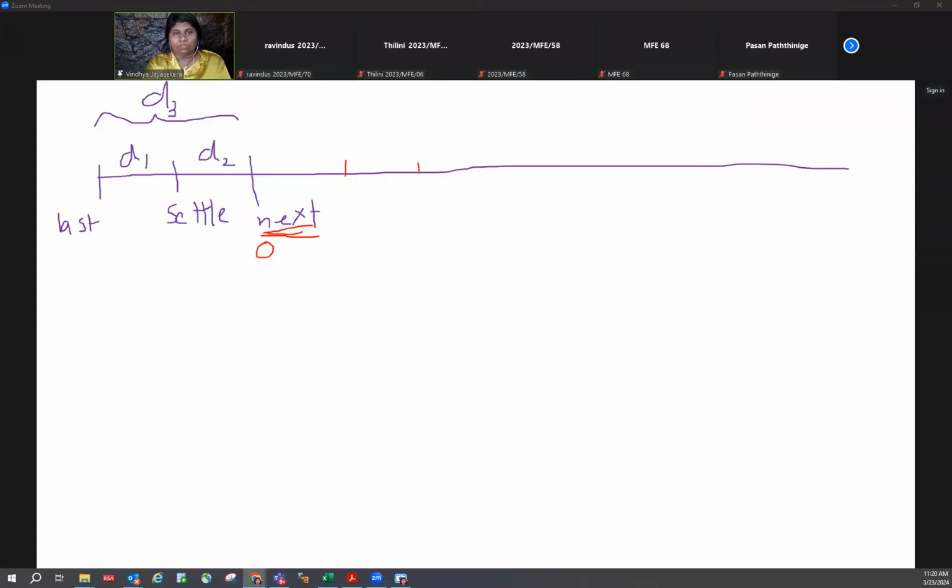And what is the first step? We calculate the present value of future cash flows as at the next coupon date. Then, what's the second step? At the next coupon, because that has not been taken into account, you add the next coupon.